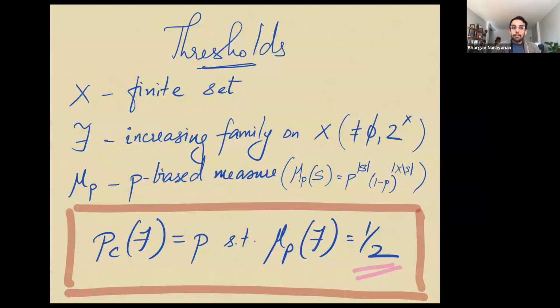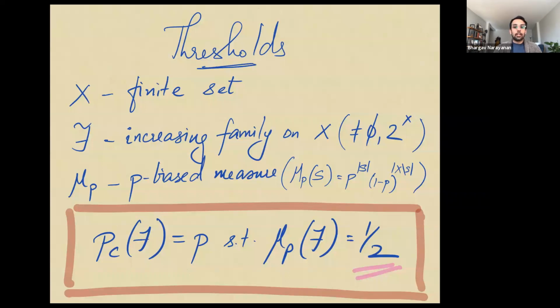Okay, so F is a nice increasing family on X, and I think about the p-biased measure. So I think about selecting elements from this ground set, each independently with probability p, and I again slide p around from 0 to 1. And I'll define the threshold of this increasing family F that I'm given to be that value of p at which the p-biased measure of the event that you land in that increasing family is 1/2.